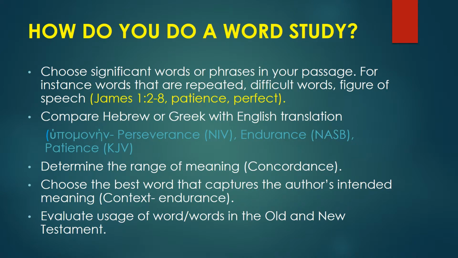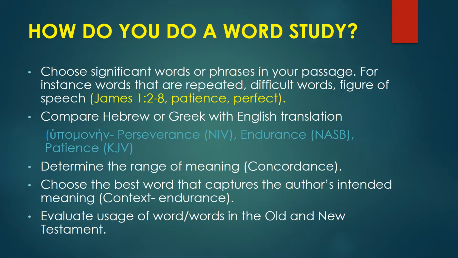So how do you do a word study? First, you choose significant words or phrases in your passage. For instance, words that are repeated, difficult words, figures of speech. If we look at James 1:2-8, the words patience and perfect are repeated and they are also difficult words. So we would look at those words.